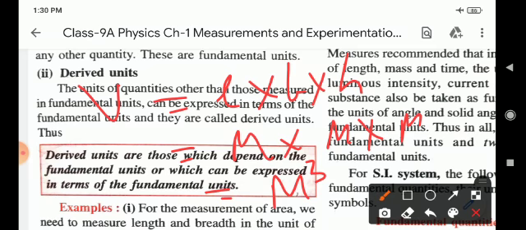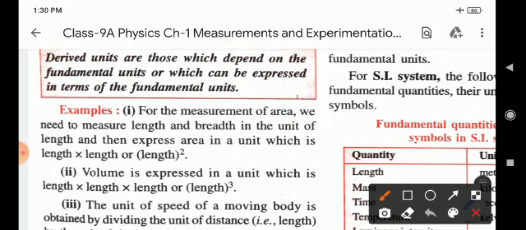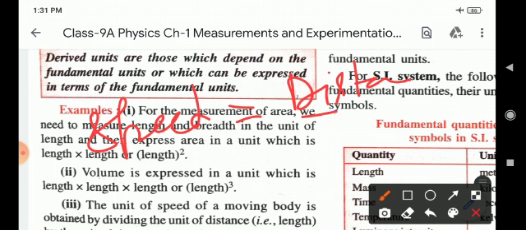Right? Next, if we consider speed equal to distance upon time, that is meter per second. Meter and second are the fundamental units and meter per second is the derived unit.